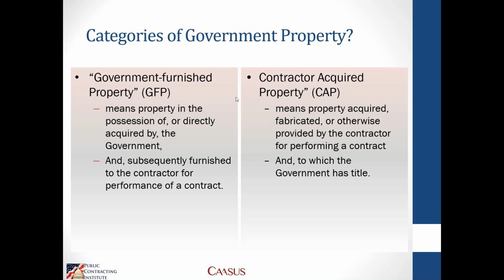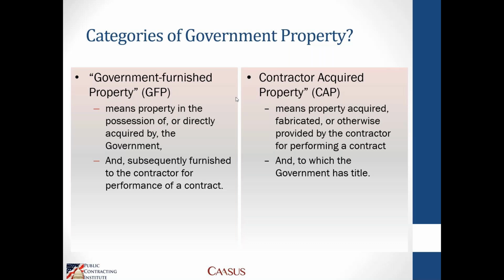Government furnished property is property that the government already has title to, and they furnish or provision it to a contractor for use on a specific contract. So the government has the property, they'll include it in your contract either at the time of award or as a contract mod, and then they will transfer the property in whatever form it is.